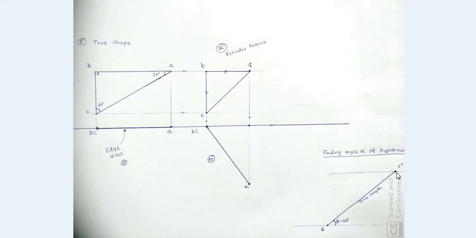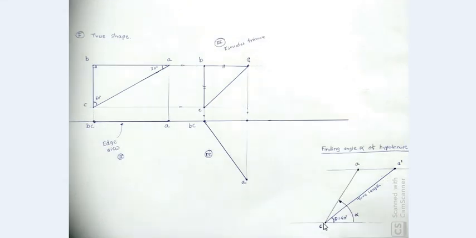So we will be drawing this probable location of original position or view position, and on this line point A would be there somewhere, and this length C to A is the available length, taken from this front view.